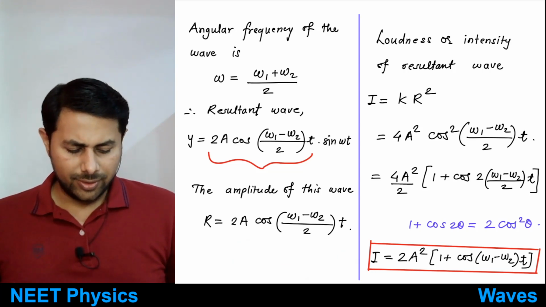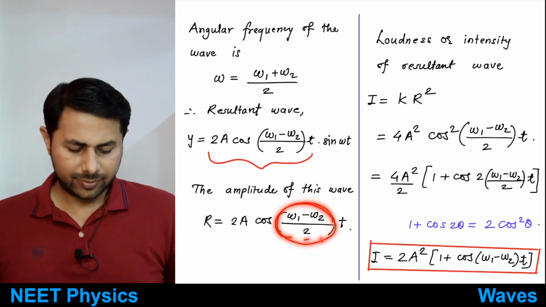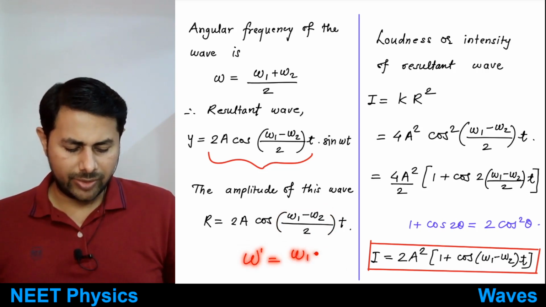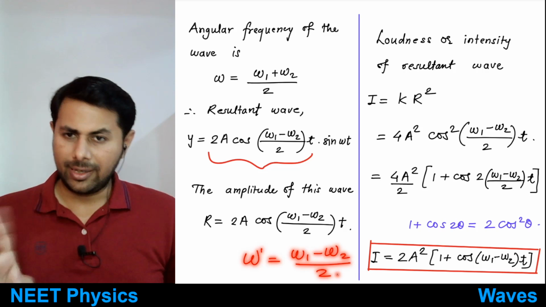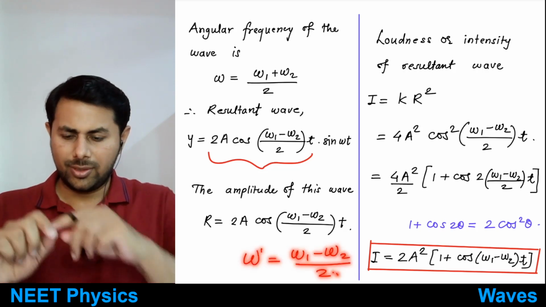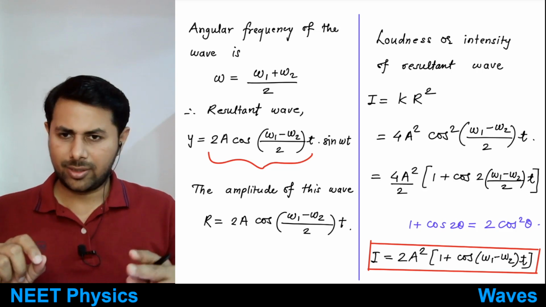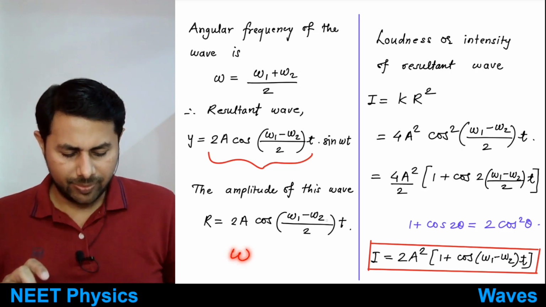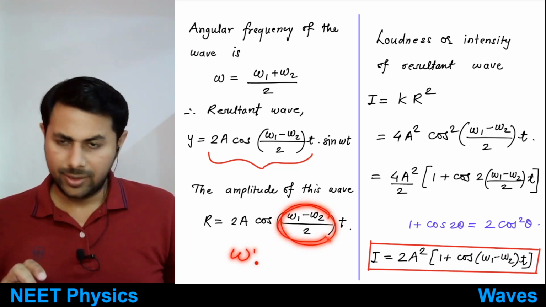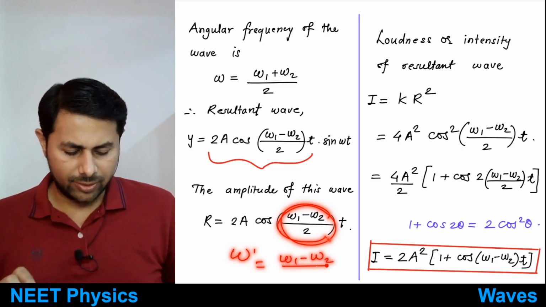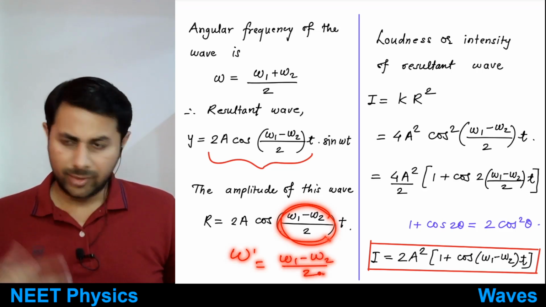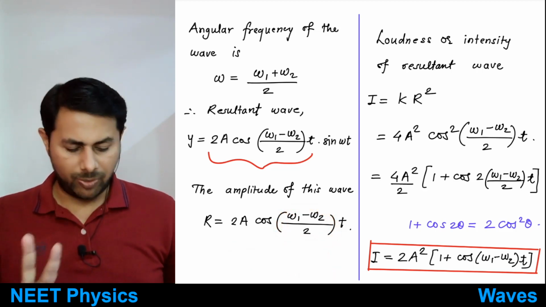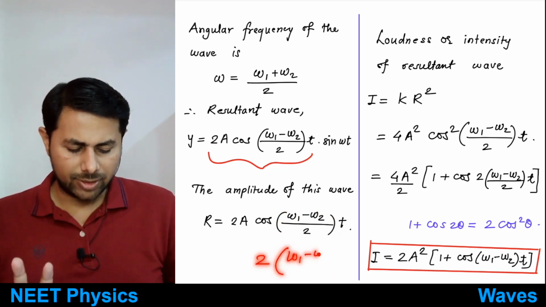Okay, so if this is the frequency of the amplitude, let's say ω′ is equal to (ω1−ω2)/2, this is the angular frequency. So if one wave is formed, how many times would the maxima and minima be formed? 2 times. So that's why, if ω′ is (ω1−ω2)/2, then you have the frequency of beats, that means in one wave 2 beats are formed, so that would be equal to 2 times (ω1−ω2)/2.